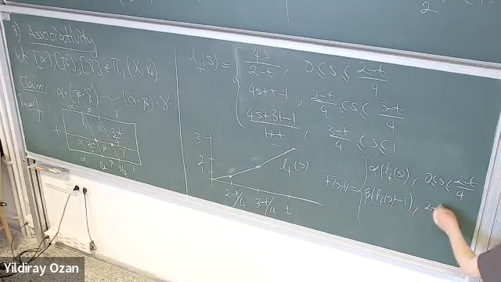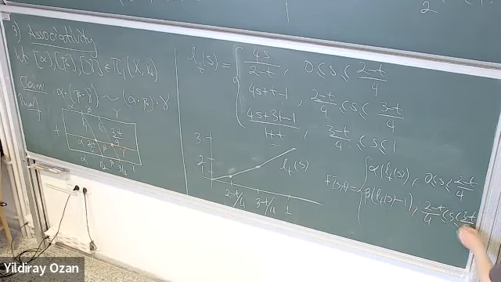So 2 minus t divided by 4, pardon, 3 minus t divided by 4.